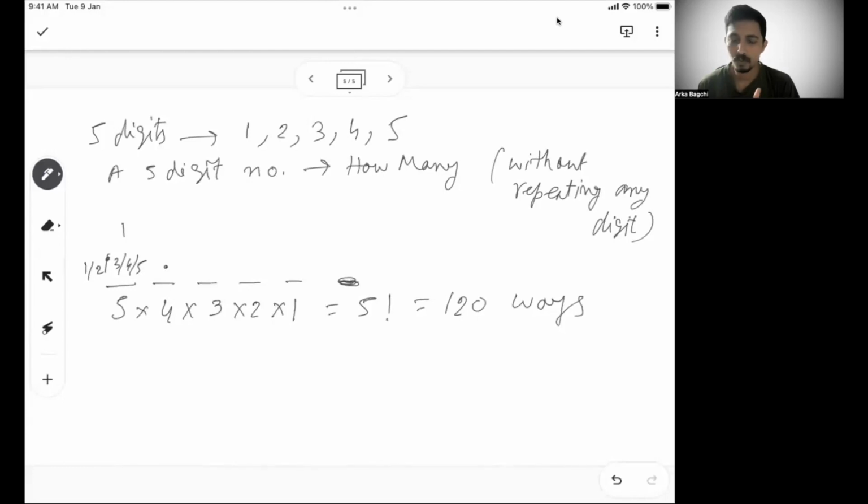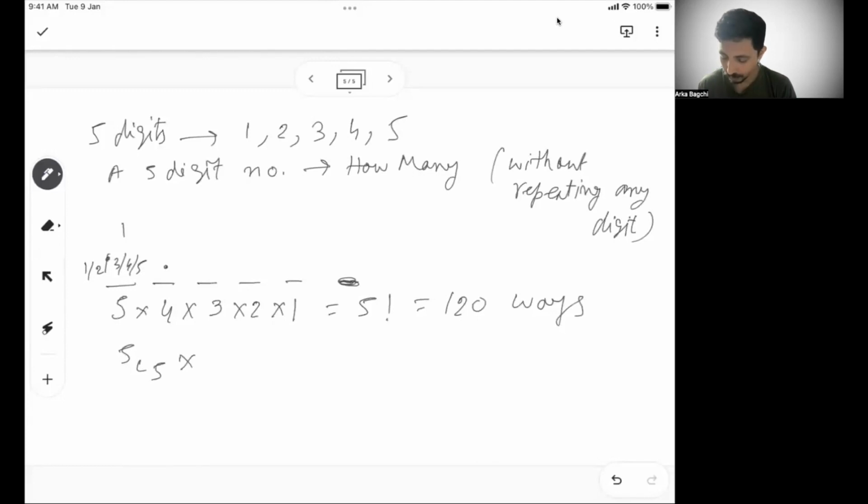That is through logic. If you want to do it through the formula, I have to choose 5 digits out of the 5 digits, so it's 5C5, into the internal arrangement of those digits, because that's where you get a different number. If you have 1, 2, 3, each way you arrange them will give you a different number. So internal arrangement matters.